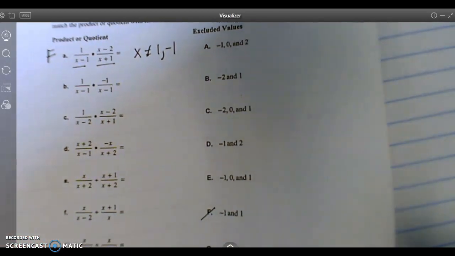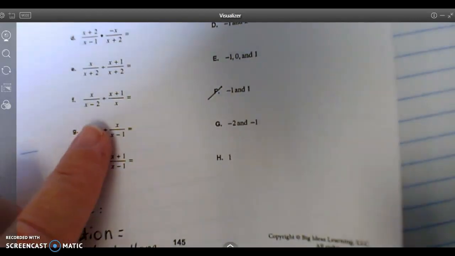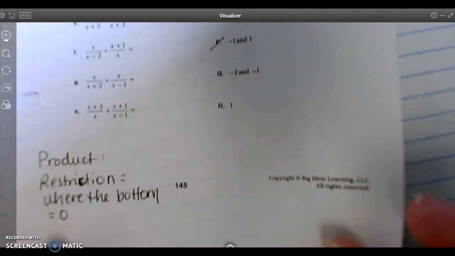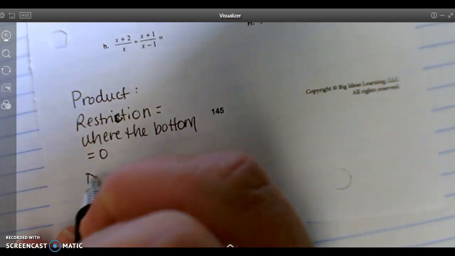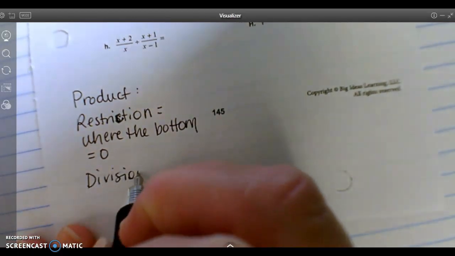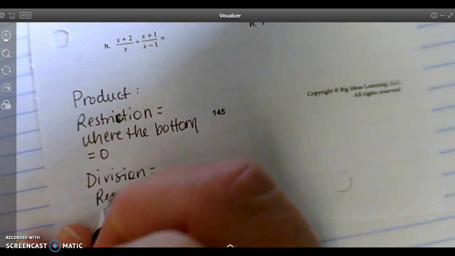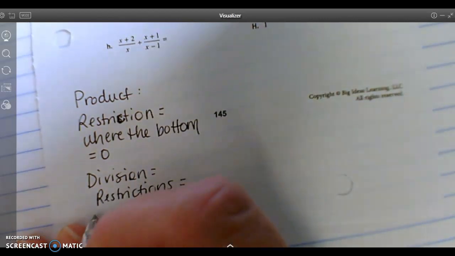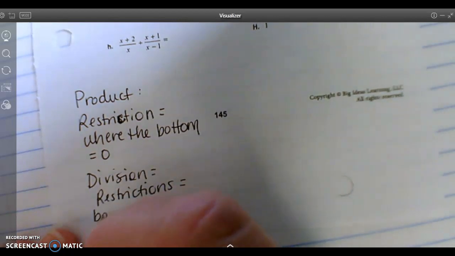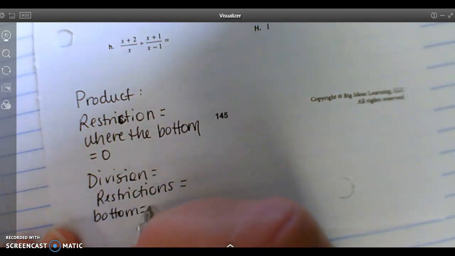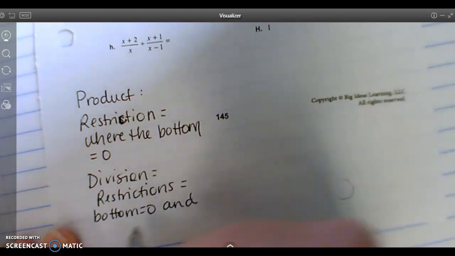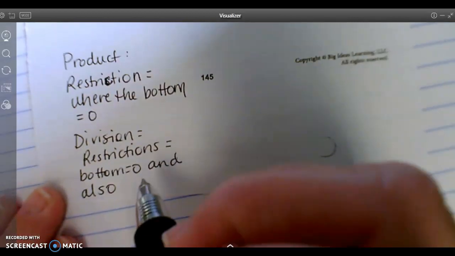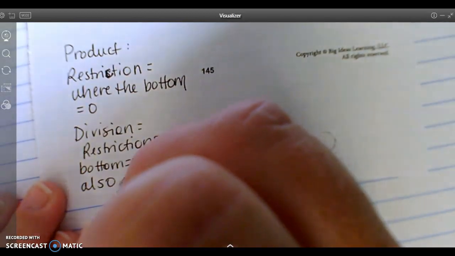Now, when you're looking at a division problem, like these here, or a quotient, then your restrictions are where the bottom is 0, but it's also the top of what you're dividing.